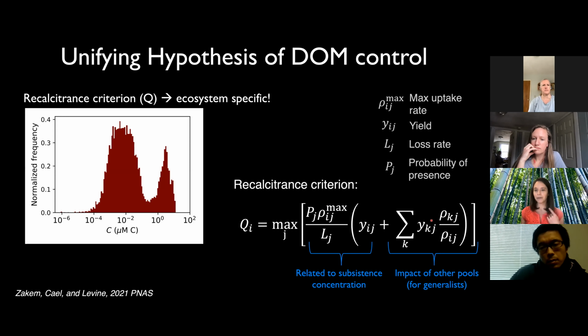If one bacterial group can eat compound A and compound B, and B is present but not A, and then A shows up, it's able to eat A. So we get this enhanced consumption of A due to the priming of B in the model. Hopefully that answered your question a bit.